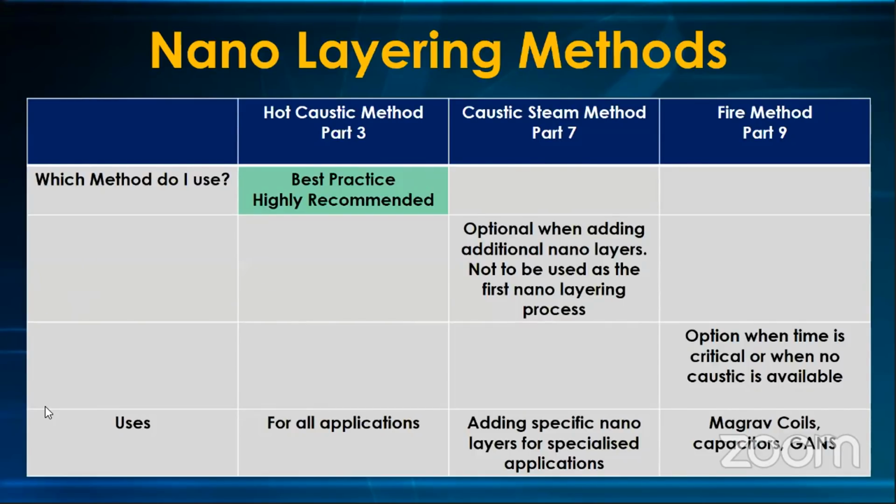If after 3-4 days you see your nano-coating has thinned, in that case you take it out, you rinse it, and you put it again through the fire process, and you renew the nano-coating and put it back to work. Just you don't use the fire to renew a caustic nano-coated surface.